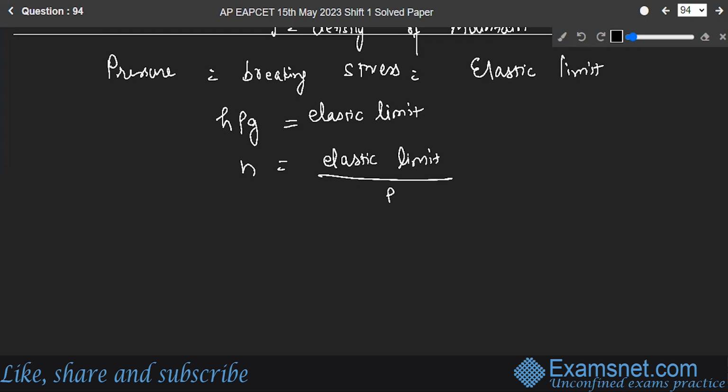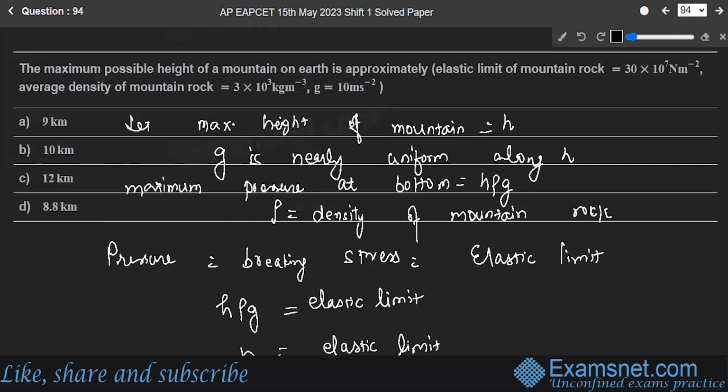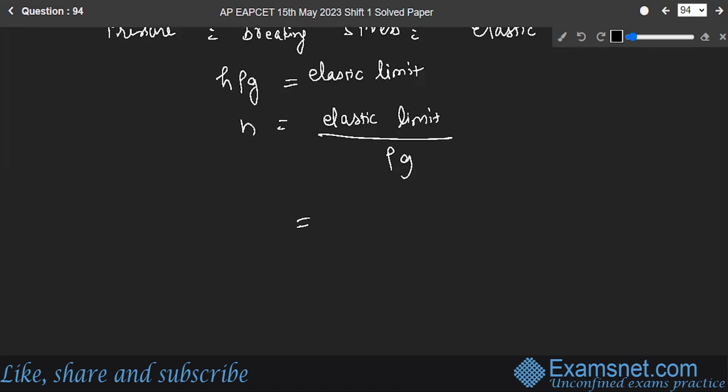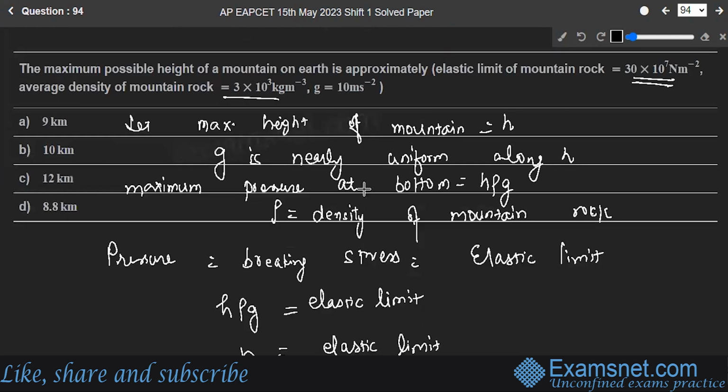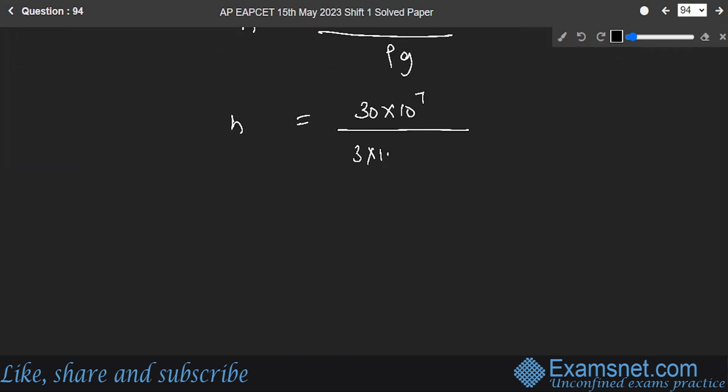Or h is the elastic limit upon rho g. Now you have to fill in the values. The average density of the mountain rock is this, and the elastic limit is given to be this. So the height of the mountain rock will be 30 into 10 power 7 divided by 3 into 10 raised to power 3 into 10.